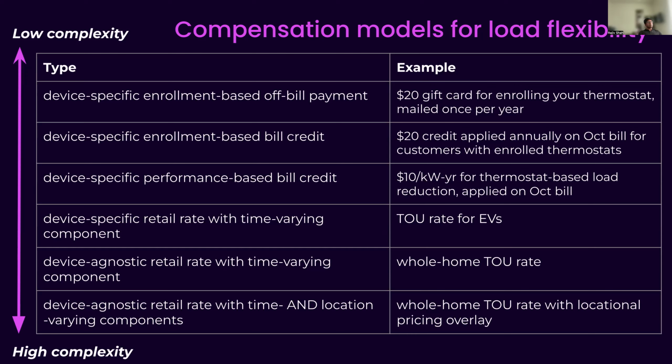And you get to the holy grail in our minds of a device agnostic retail rate with time and location varying components. And that does actually create a much richer signal for customers to respond to.